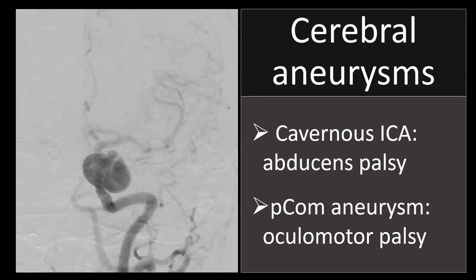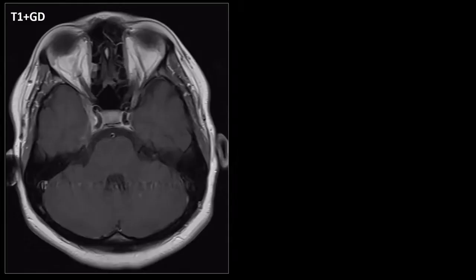And why is that? Because the third cranial nerve runs between the posterior cerebral artery and the superior cerebellar artery in close proximity to the PCOM. So PCOM aneurysms can actually compress this cranial nerve.